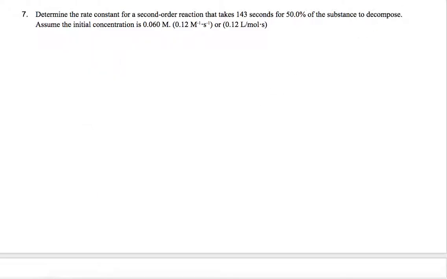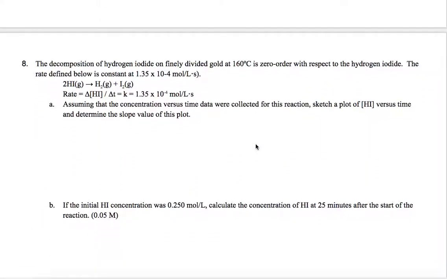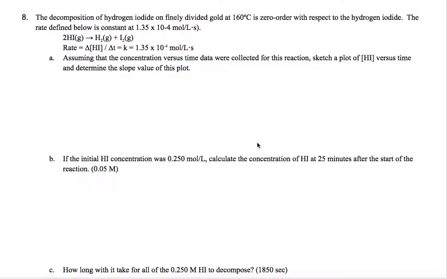All right. Number 8, we have the decomposition of hydrogen iodide, and it is 0 order. So that is an important piece of information here.